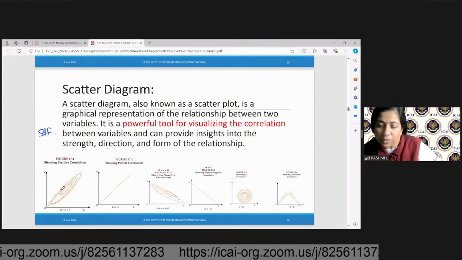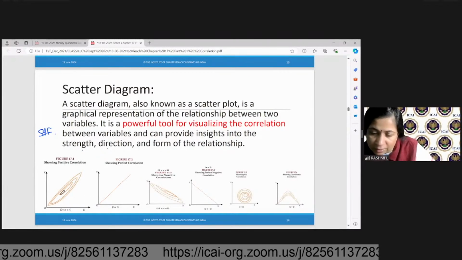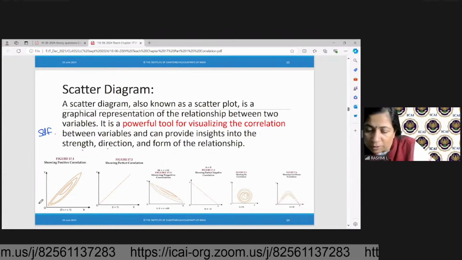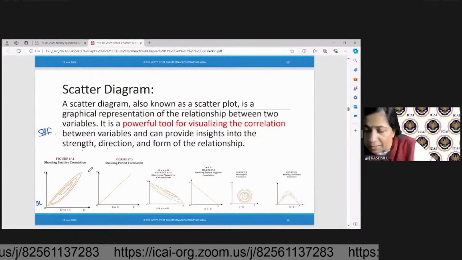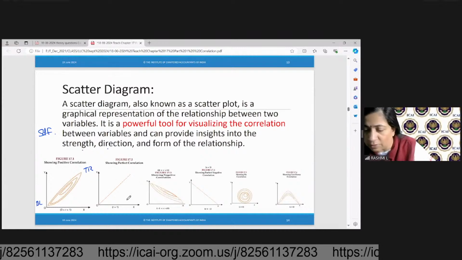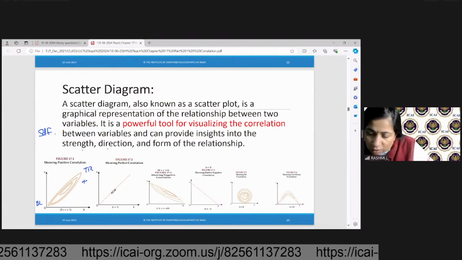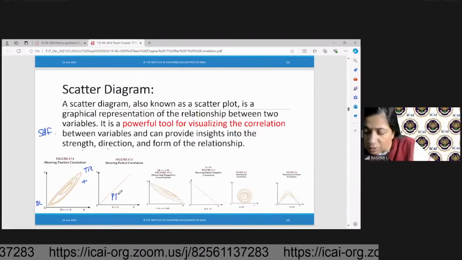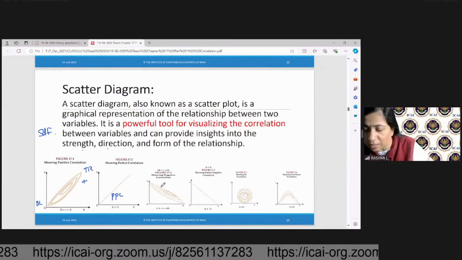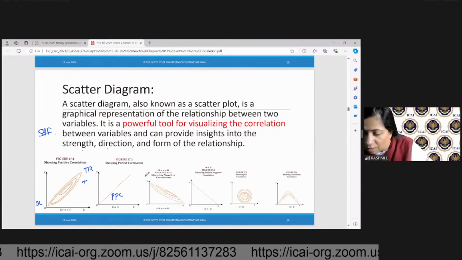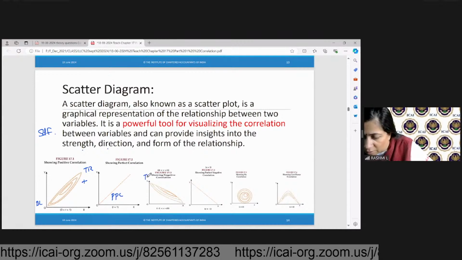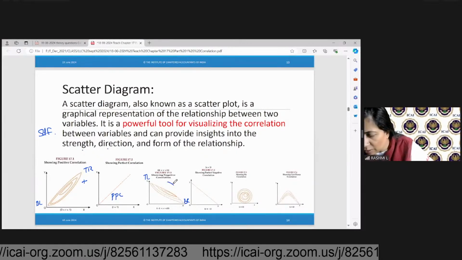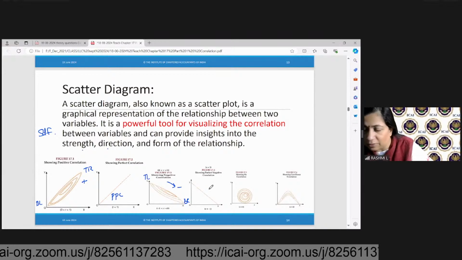Okay. So here, if you see, the dots are quite nearby and it is going from bottom left to top right. So it is positive. Here all the dots are on the same line. This is perfectly positive correlation. Then from top left to bottom right, it is going downwards, so it is negative.